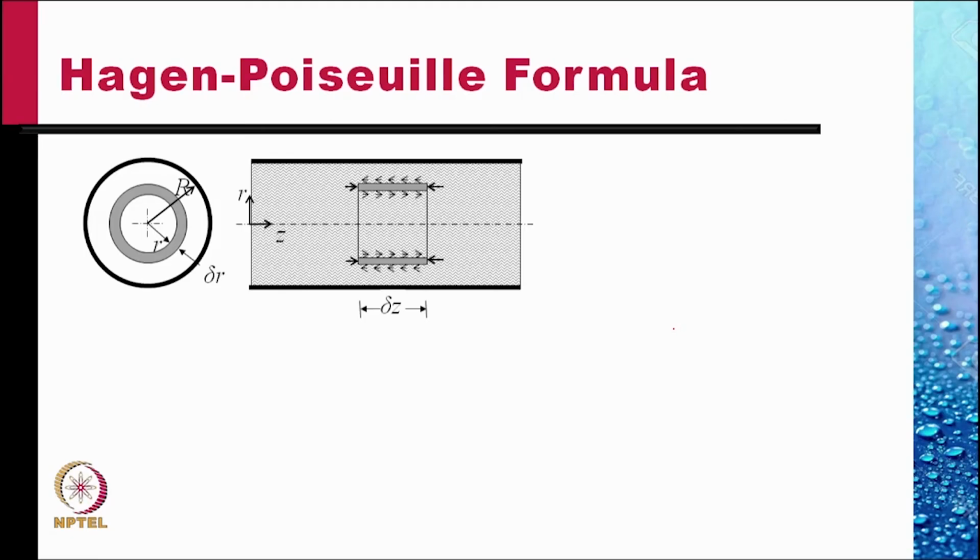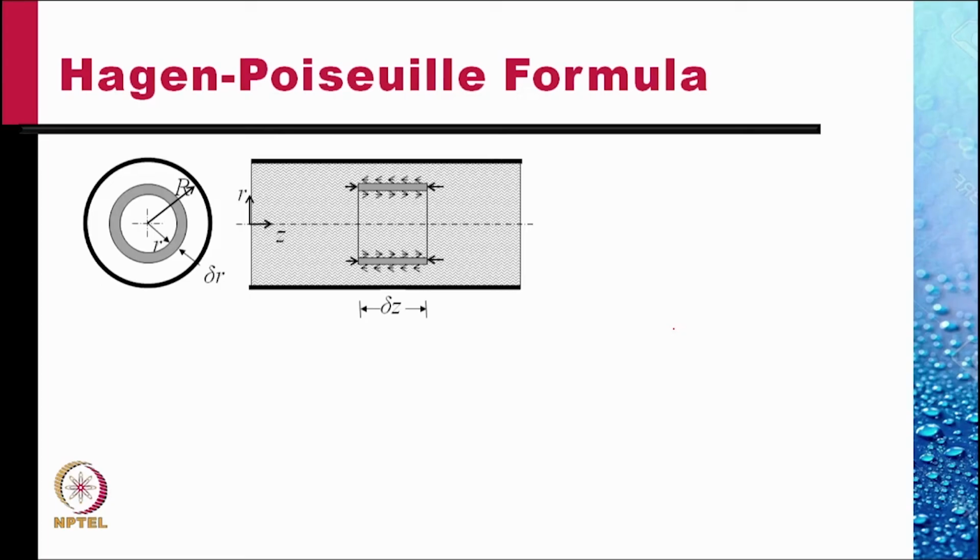A few lectures ago, we obtained the laminar velocity profile for fully developed flow in a pipe. We considered an annular control volume. In this element, we wrote the forces, the pressure forces and the shear forces. Because of full development, these two forces should be balancing.